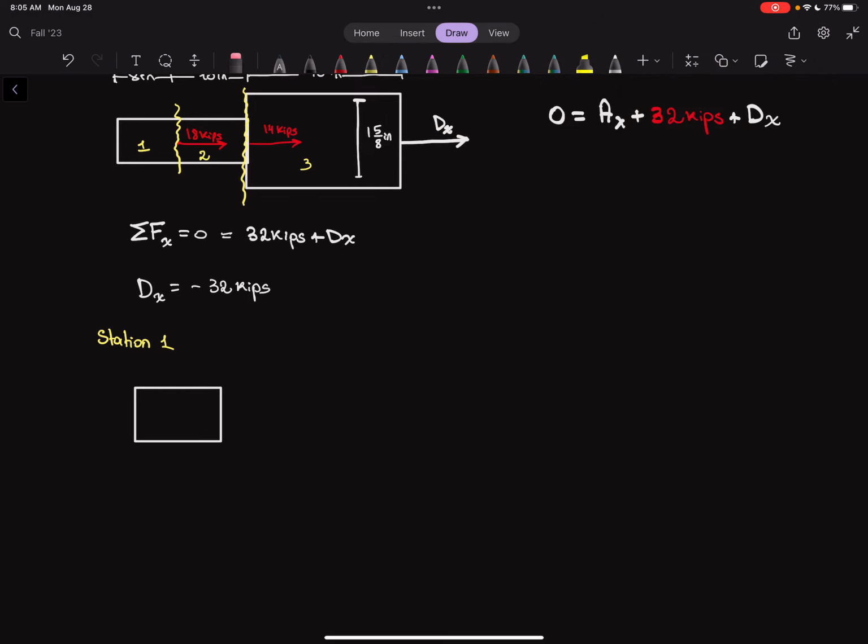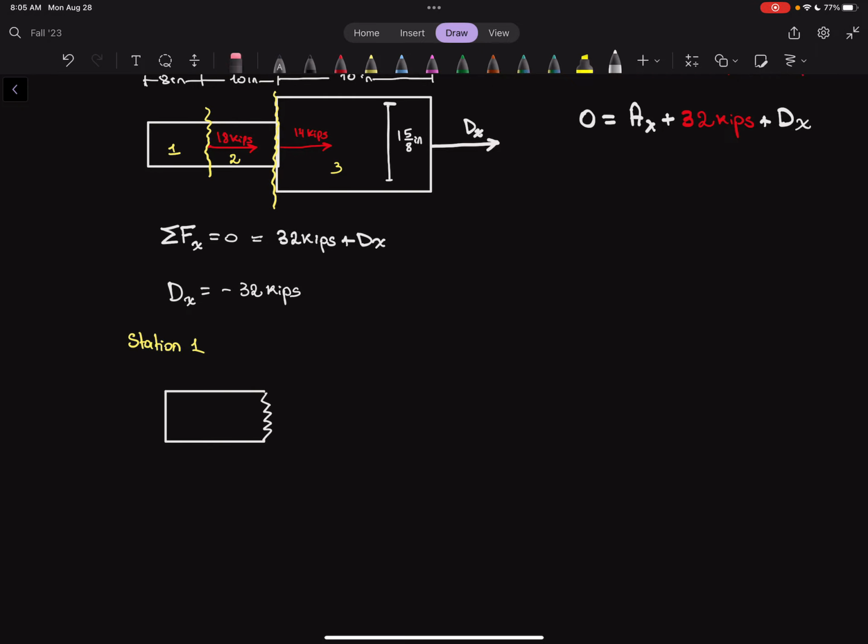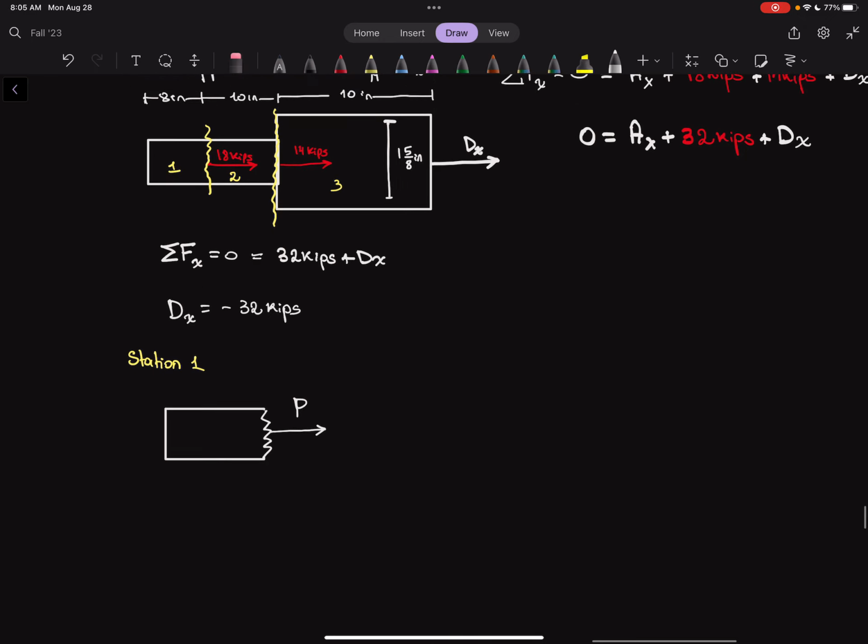Well, we're going to have something like this, and this will be cut right here. So we don't have any applied force, but as we make a cut, we do want to put a P force in here. So we'll call this P1.